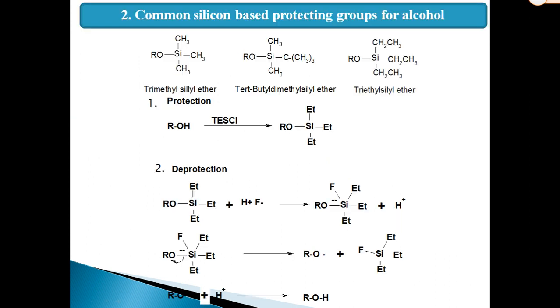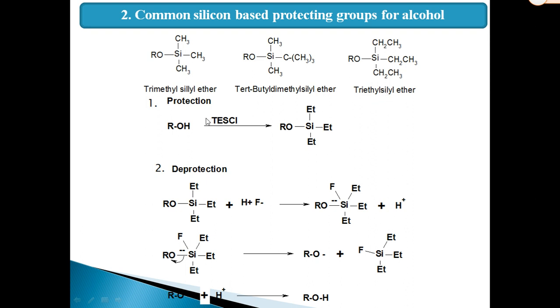Now the second type of protecting group for the hydroxy group is the common silicon based protecting groups. These are the three examples of silicon based protecting groups. First, trimethylsilyl ether. Second, tertiary butyl dimethylsilyl ether. And third, triethylsilyl ether.